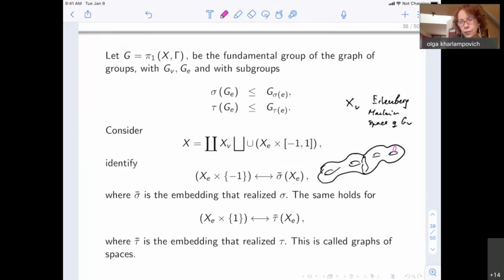We first take the amalgamated product of these two groups, right? And then we take an HNN extension. And instead of the fundamental group of a graph of groups, you can consider a graph of spaces, and then it's going to be actually the fundamental group of the space which you construct by similar operations as we discussed last time. So it is a fundamental group of some space.